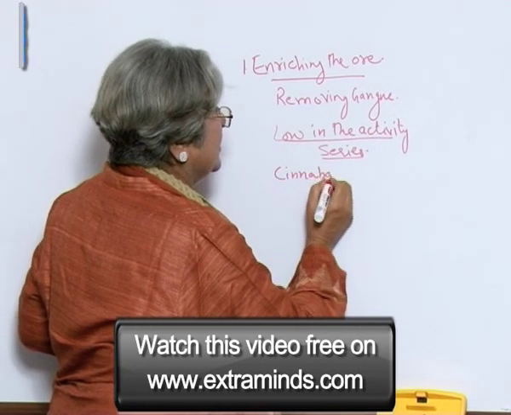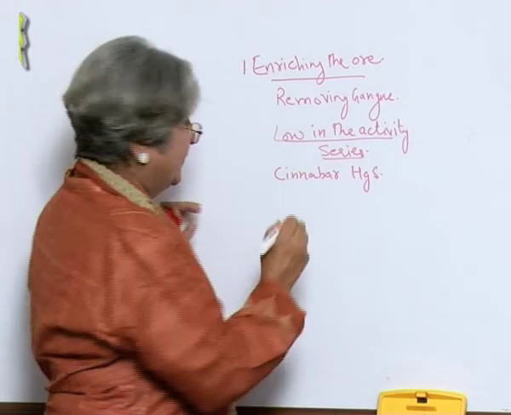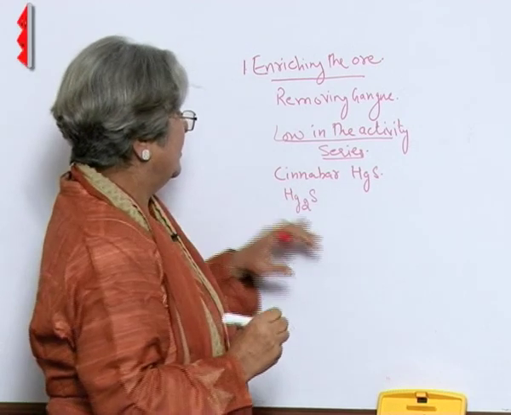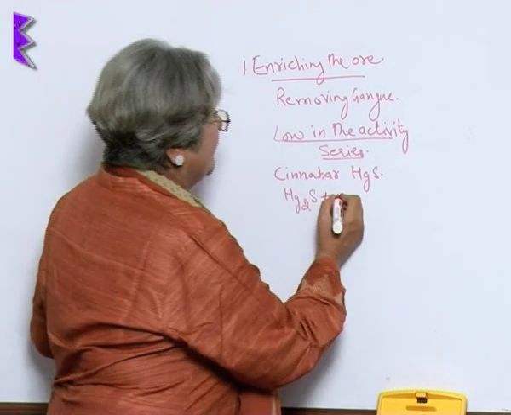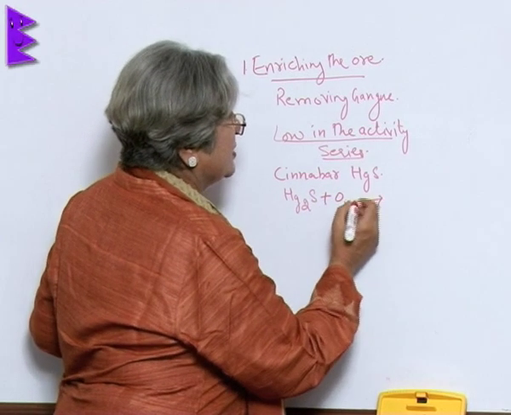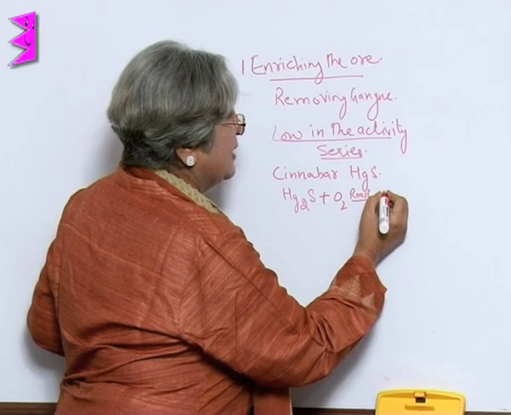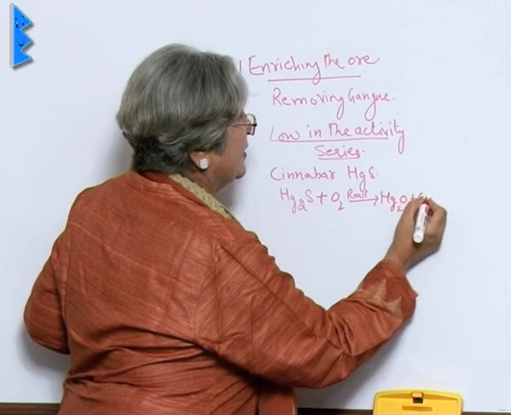What is cinnabar? Cinnabar is mercuric sulfide. Now, this HgS, when it is burnt in oxygen, or you can say roasting is done, then what we get is oxide and SO2.